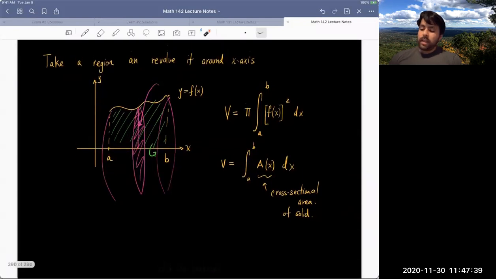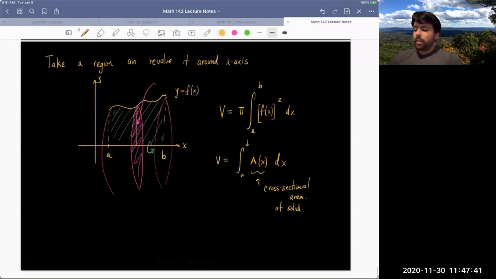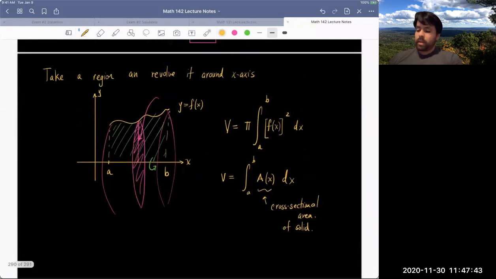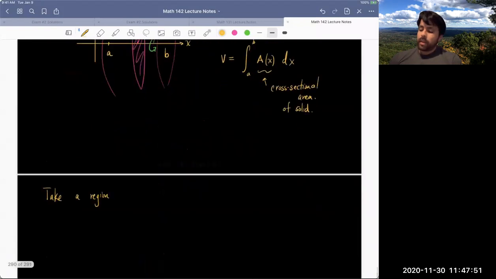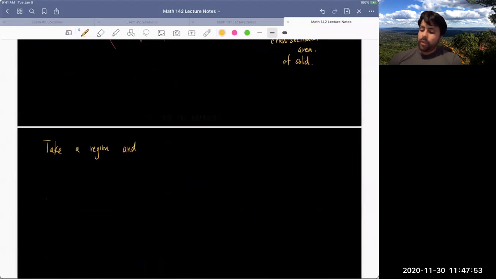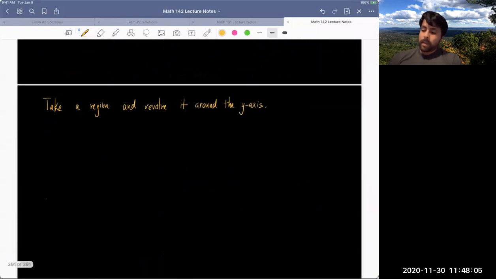And if we take another region and revolve it around the y-axis instead, I'm going to write something similar.